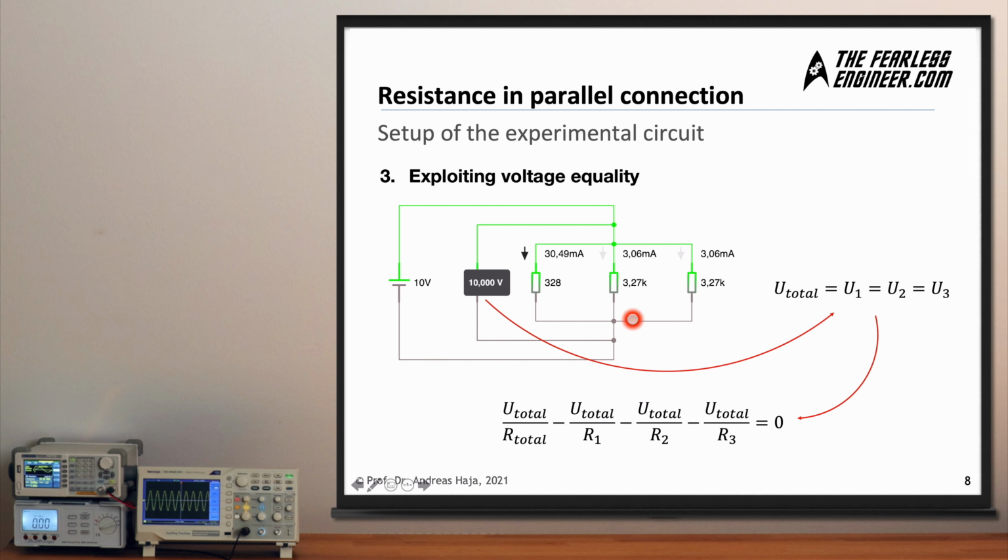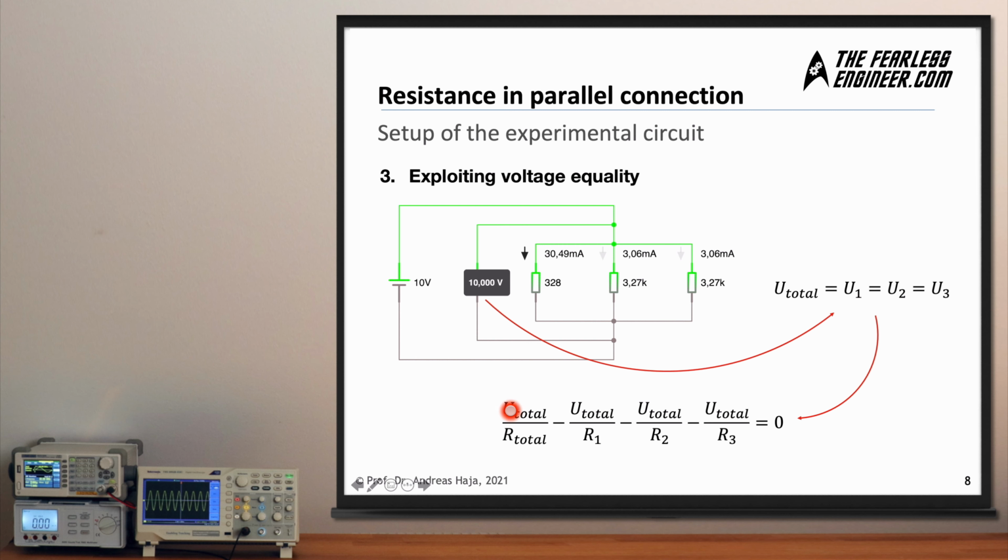The same holds for the bottom node, this node K2 here. All the connections to the lines leading to the resistors are colored in gray, which means they share the same potential. And this means that all the voltages across these two nodes are identical, because the difference of potentials is identical for all three resistors. And this means that U1 equals U2 equals U3 is identical to the voltage of the voltage source here on the left side, simply because this also joins these junction points here.